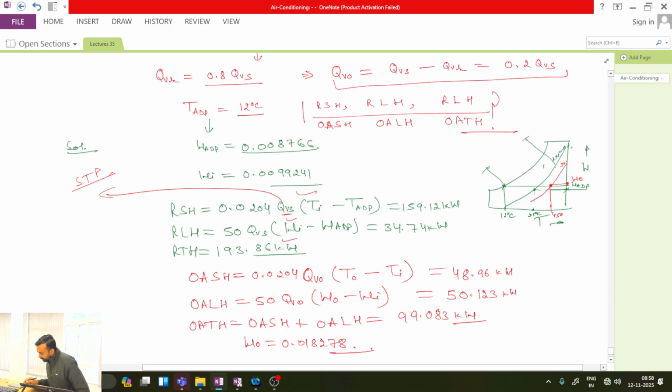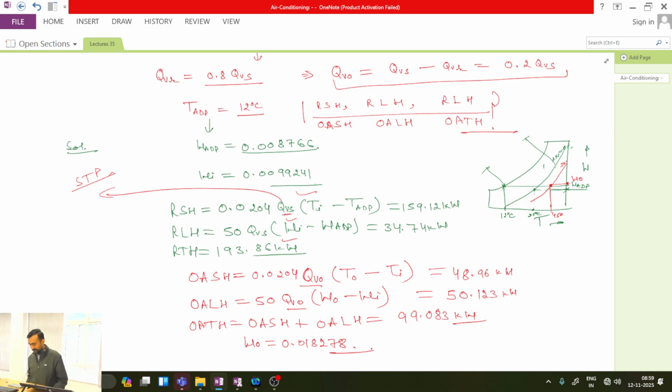But when I apply this formula for QV naught, then this QV naught flow rate corresponds to which condition? Yes. So in real practice, it corresponds to the outside air condition, and the formula is derived for STP. So if I have to calculate the correct value, I need to calculate the equivalent flow rate for the STP conditions.